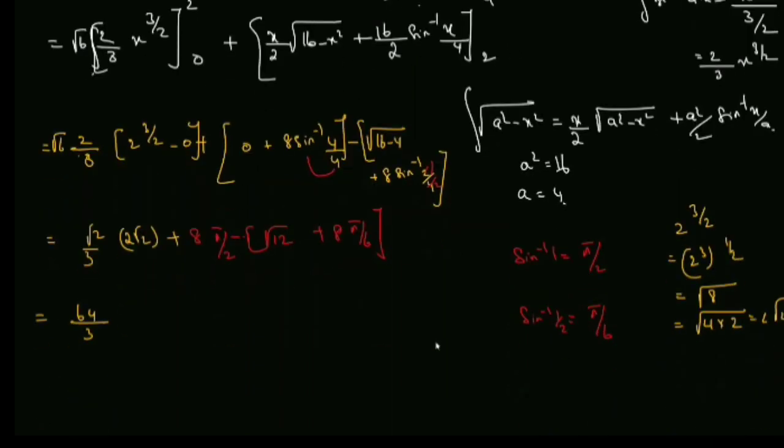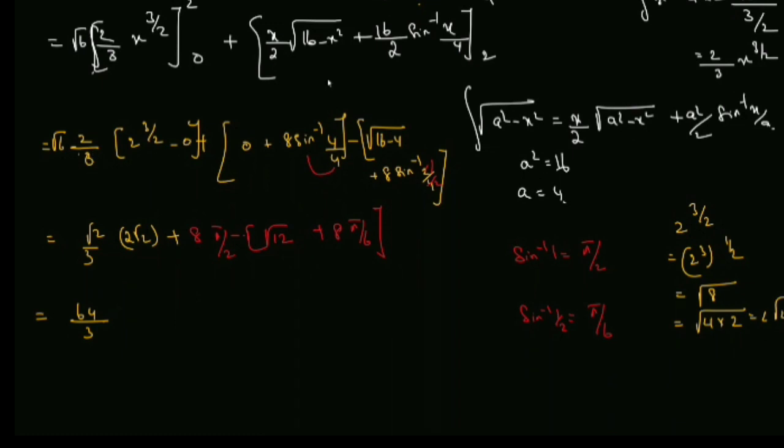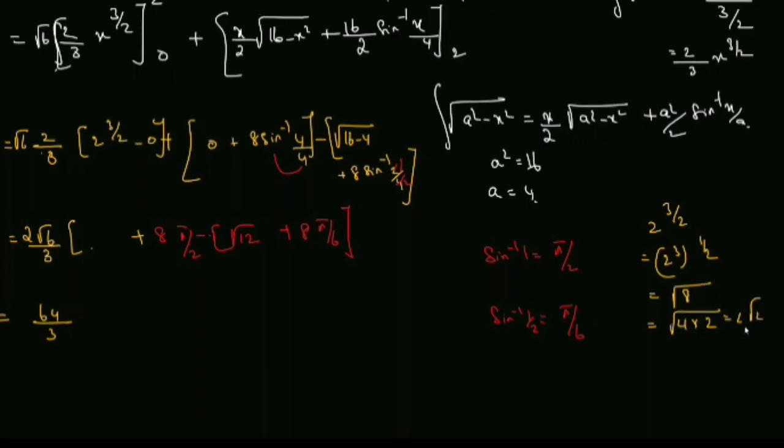So it is equal to root 6 times 2 by 3, 2 power 3 by 2 is 2 cube to the power 1 by 2, that is root of 8, which is root 4 into 2, that is 2 root 2. Then 8 sine inverse 1 is pi by 2, minus root 12, minus 8 sine inverse 1 by 2, which is pi by 6.